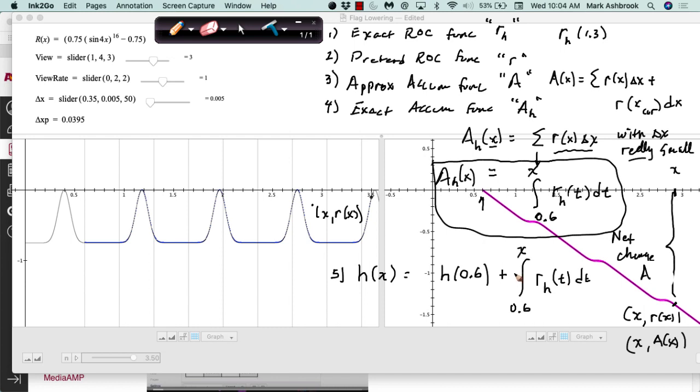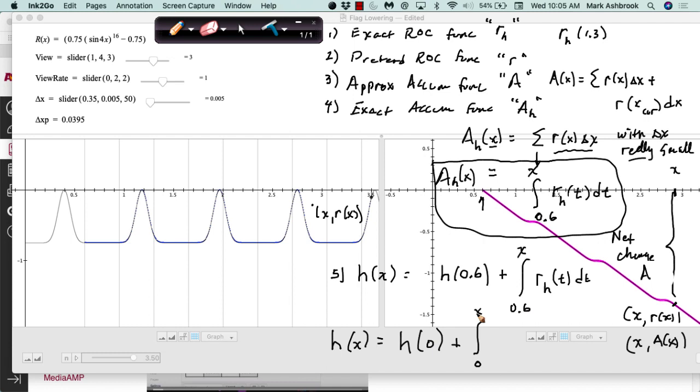Okay, and then maybe a more convenient or more natural thing to do would be, instead of starting at 0.6, to start at where? 0, right? So start with the initial height at 0, but then we'd have what net accumulation function? Changes starting from 0.